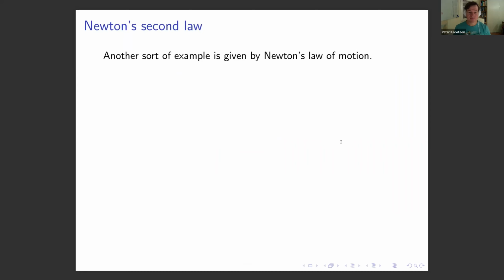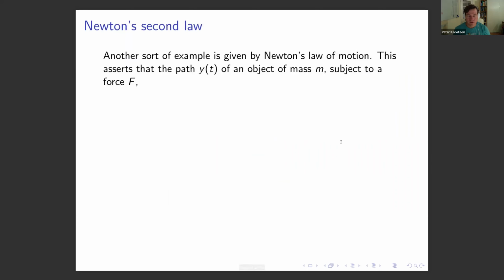Another physics example comes with Newton's law of motion, F equals ma, but now we're going to write it using derivatives. So this asserts that the path y of t of an object of mass m, say y is the y coordinate of this point mass m, and if it's subject to force F, then we can write this equation.